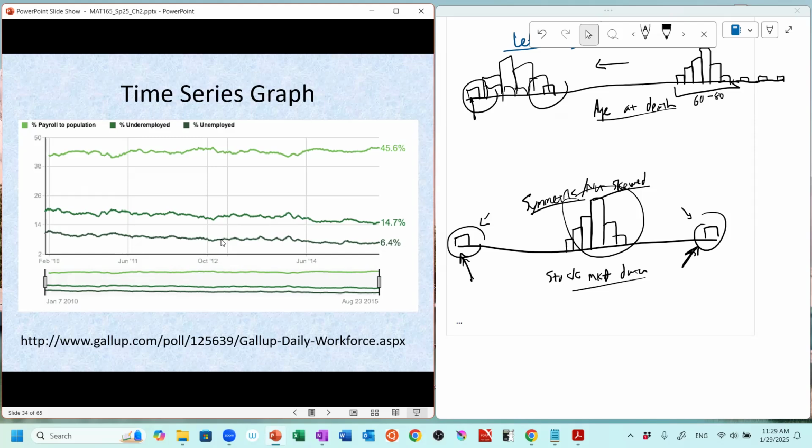Again, I think a line graph is good here because if I know that the unemployment rate is at a certain number today, it's probably going to be about that number tomorrow and the next day or the next week. I'm not expecting that if it's 6% today it's going to be 3% next week and then 10% the week after that. So I expect there to be a close tie from one data point to the next, and I indicate that with the line graph.